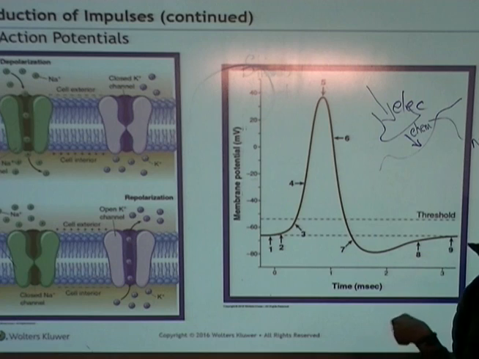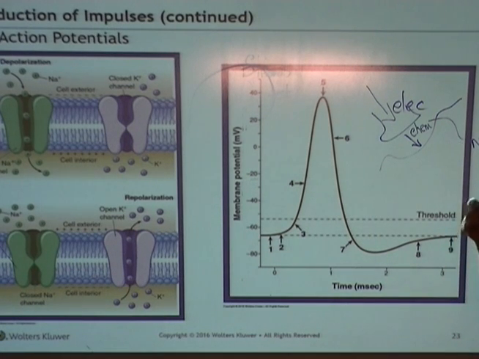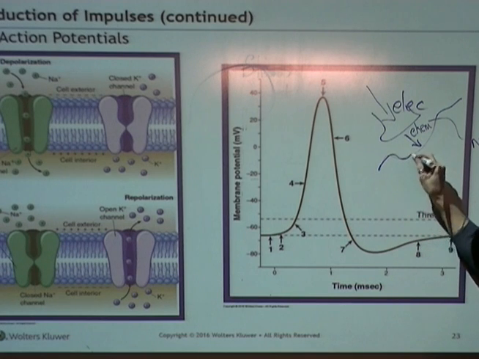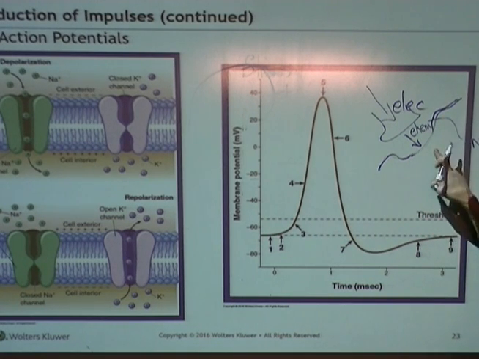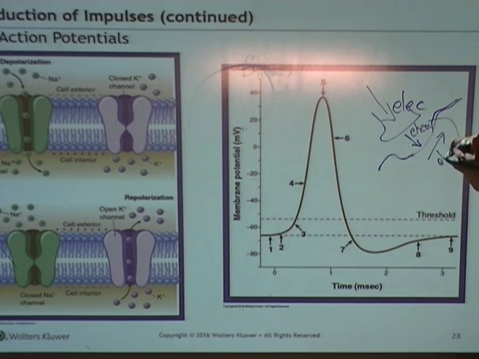Good. ACH. Well done. If I get enough neurotransmitter connecting to the protein receptors on the next excitable membrane, then I stimulate another electrical signal. Right? So it goes electric, chemical, electric.